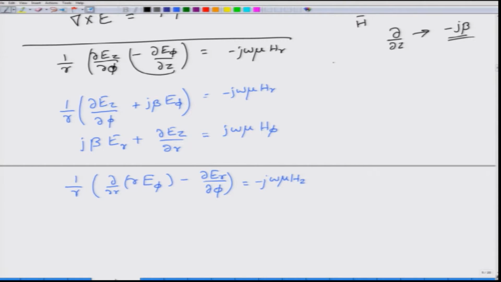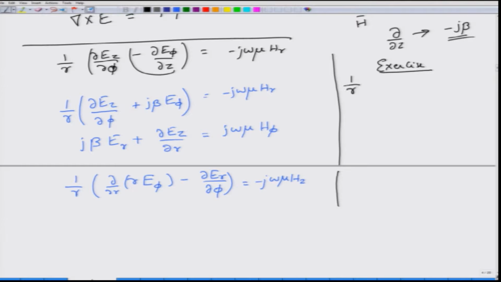There must be equivalent or there must be analogous equations for del cross H as well, which are anyway obtained from the top one, right. So, what I will do is I will also leave this as an exercise to write down the corresponding terms to the del cross H equal to j omega epsilon E term. I will start off with one expression, you can fill in the remaining two.